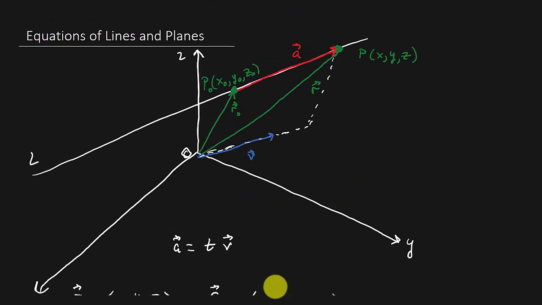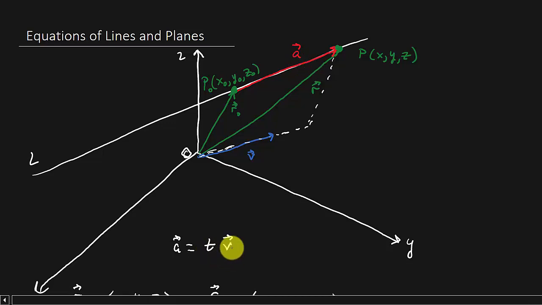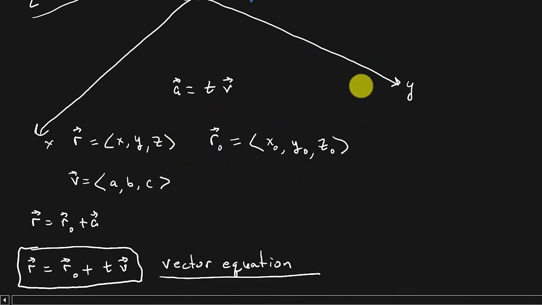So we know a is equal to t times v. So as t changes, it's traced out by the tip of this vector, okay? And it can be negative and come back this way if t is less than 0. And then if t is greater than 0, it goes this way, okay?